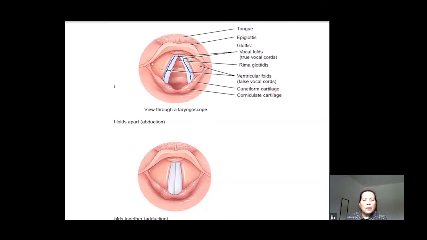Usually they have some space between. But when people cough, before the cough, they will be closed and then suddenly open. So they can move and make different sounds. They move in different ways. Sometimes the space is wider, sometimes thinner. But that's generally the picture of the voice box here.